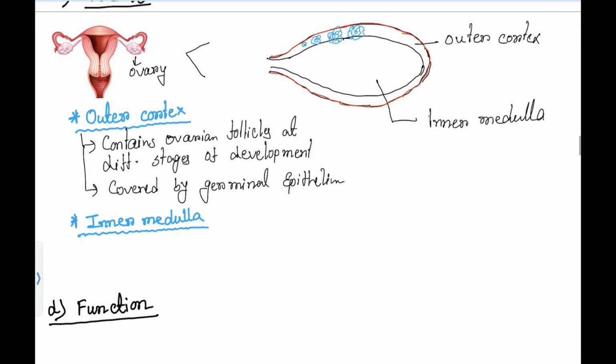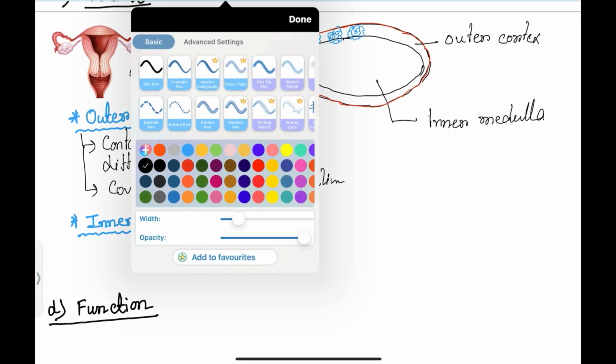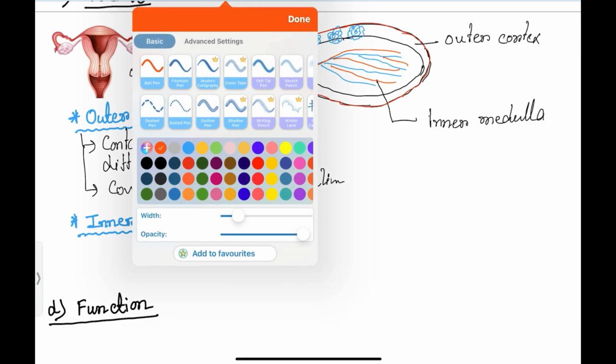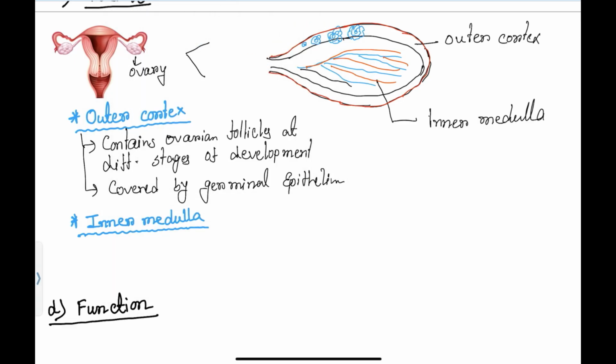Now coming to your inner medulla. Inside this medulla, what all is present? Here various nerves are present, nerve endings, then your blood vessels are present, then lymph nodes, lymphatic tissue, connective tissue, all are present.